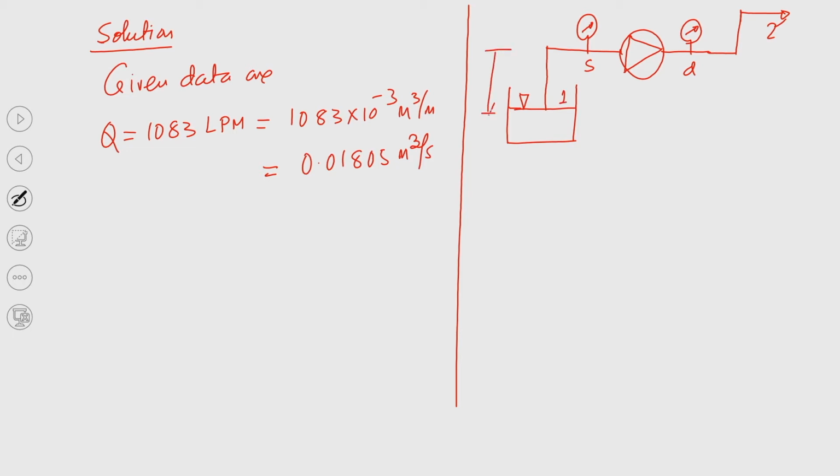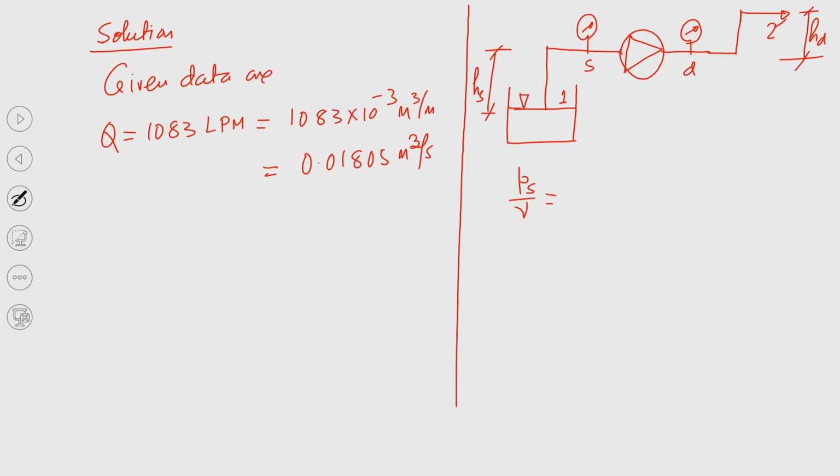This is small h s and this distance is small h d. So, these are the static heights in the suction side and delivery side. If we try to recall, P s by gamma, what is this?